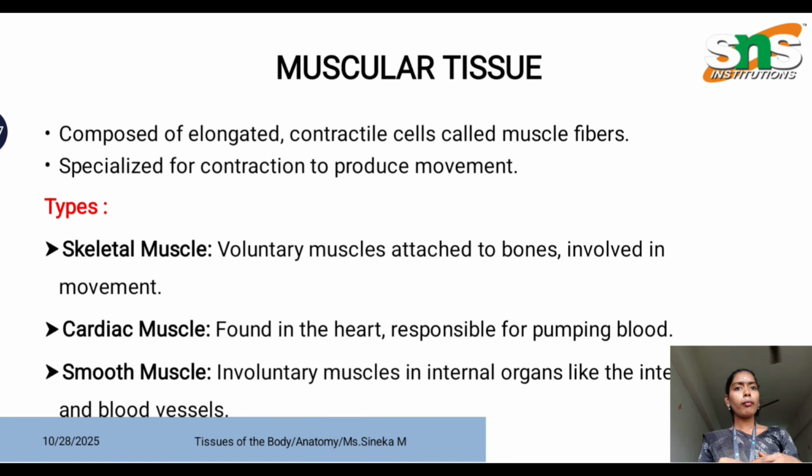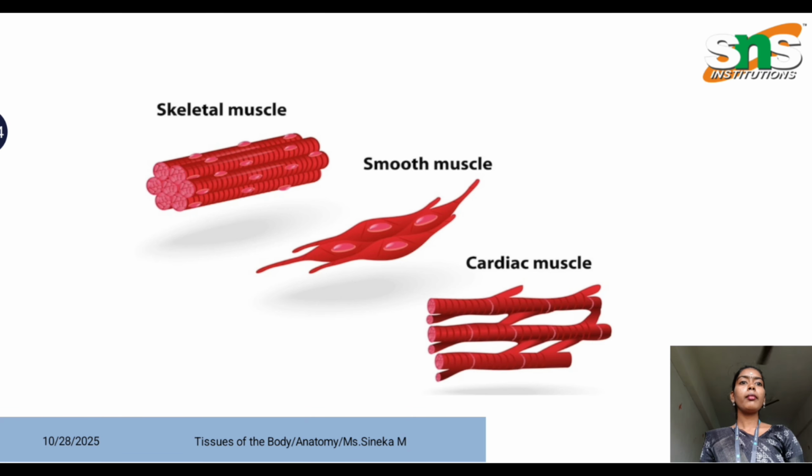They work by our initiation. Next one is cardiac muscle, found only in our heart, responsible for pumping blood. It is an involuntary muscle. The third one is smooth muscle. It is an involuntary muscle in our internal organs and also blood vessels. Here is the image for skeletal muscle, smooth muscle and cardiac muscle, each different from the others.